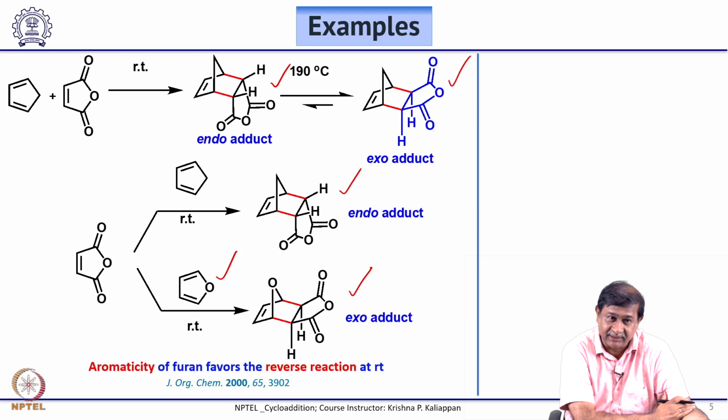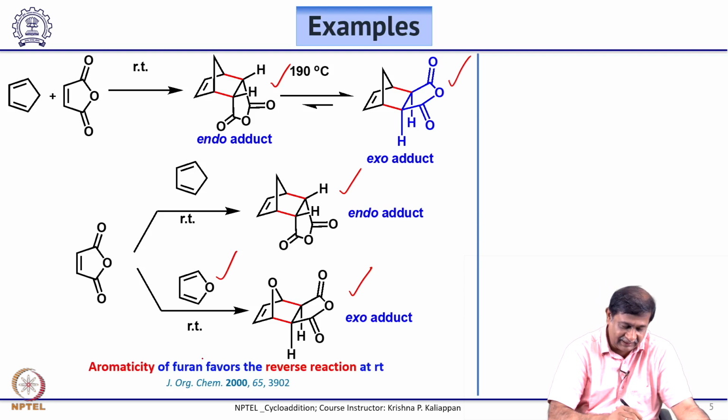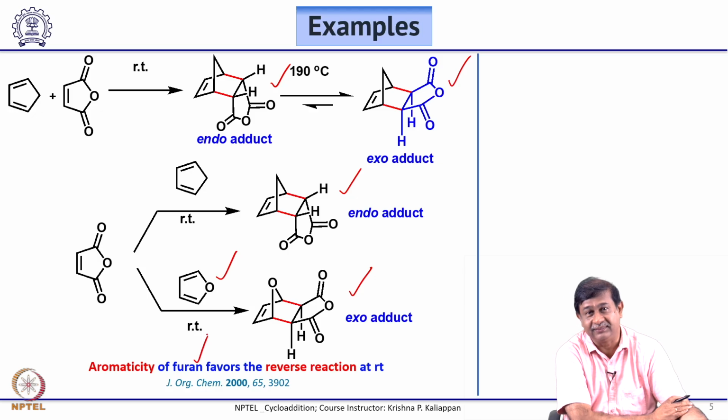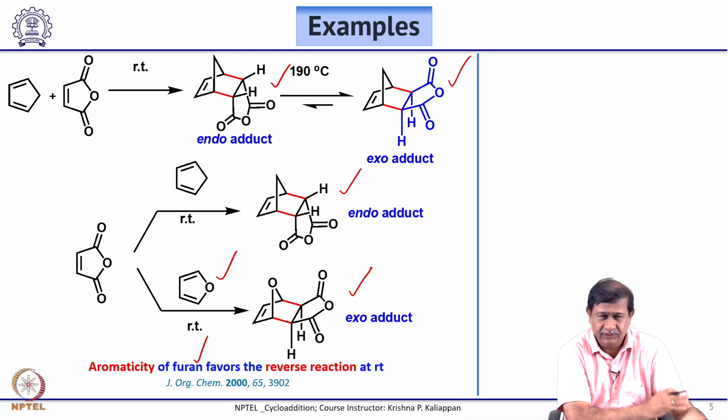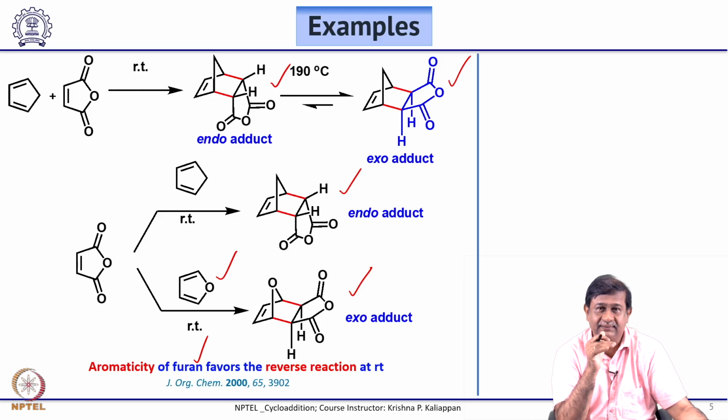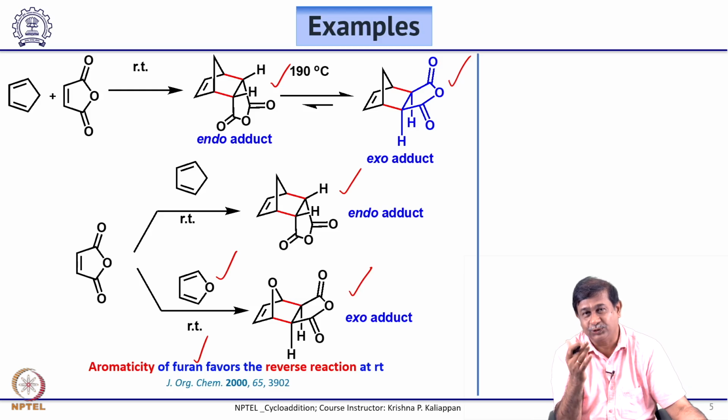This is because when it undergoes retro Diels-Alder reaction, the aromaticity of furan is the driving force. So the retro Diels-Alder reaction is quite fast, so that when the forward reaction happens, mostly it gives the exo product. This is how one can easily obtain either endo product or exo product by choosing the reaction conditions.